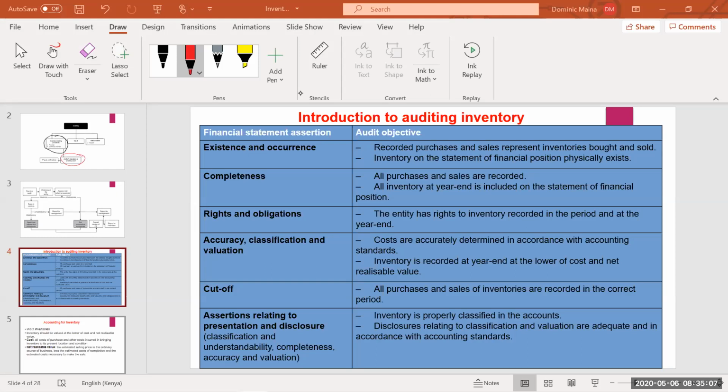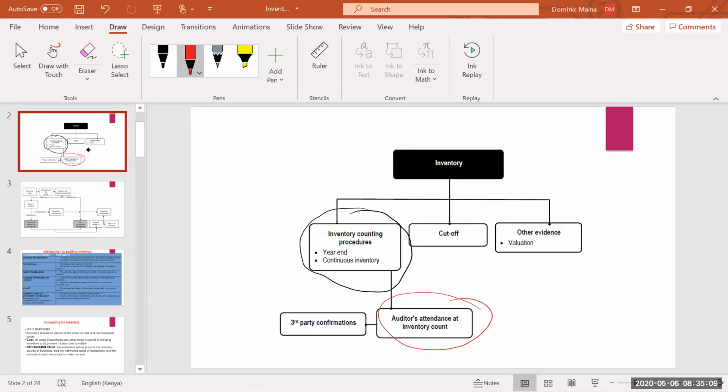Let me just take it back on a slide here, on what is called the third party confirmation. This is where you have to be careful with rights and obligations. If, for example, some inventory is held by third parties, either because the company has made a purchase and is yet to receive them, that means those inventory belong to the company.